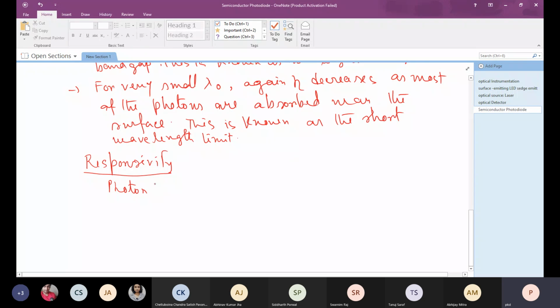So given a photon flux phi p, resulting into an electric or electronic flux phi, which is the population of carriers, that is the electron hole pairs generated by the impinging photons.